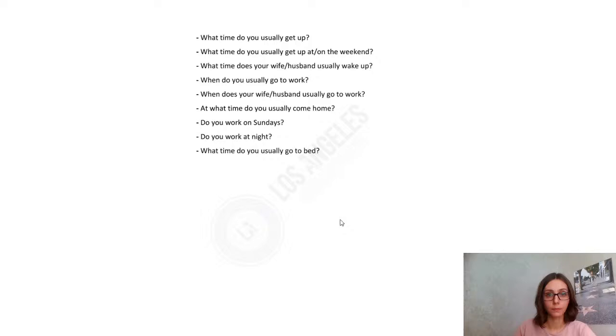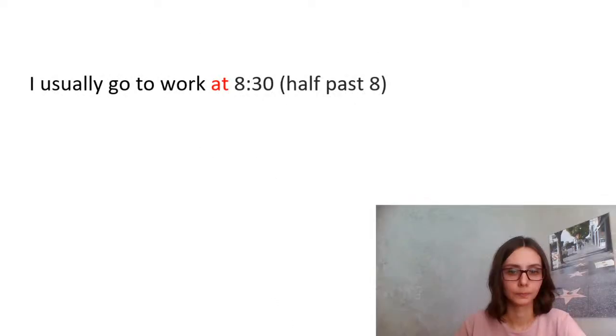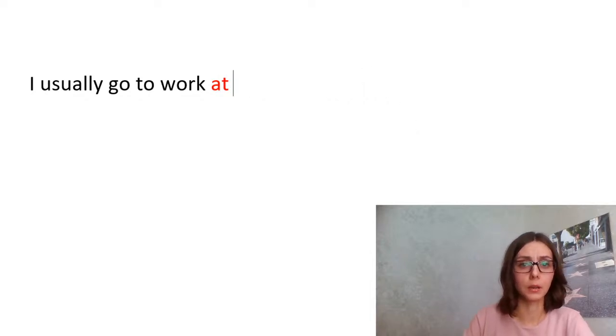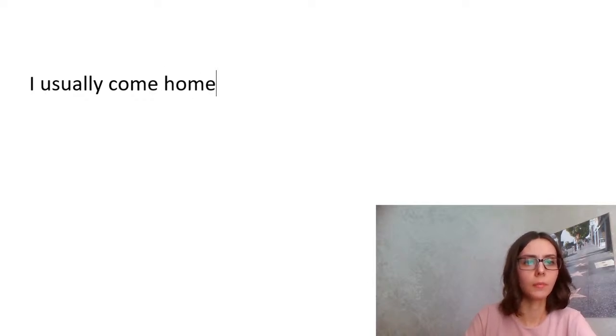Right, the next question for you guys. At what time do you usually come home? When do you usually come home? So I usually come home. So normally it's very late.